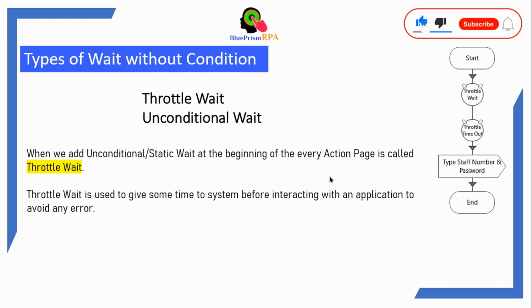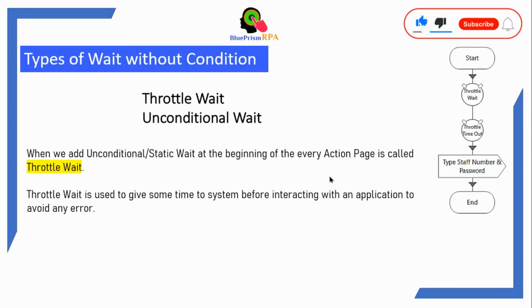When we add an unconditional, or you can say static, wait at the beginning of every action page, it is called throttle wait. Throttle wait is used to give some time to the system before interacting with an application to avoid any error. Basically this is not required in our application.